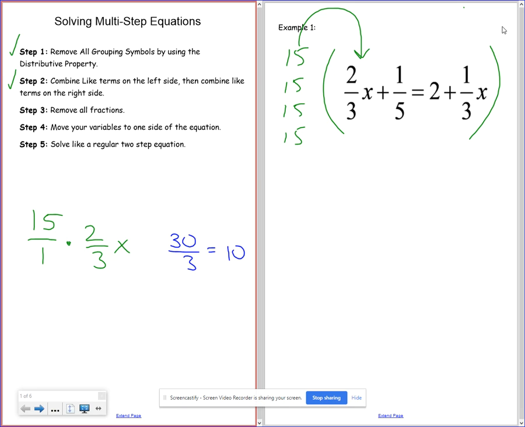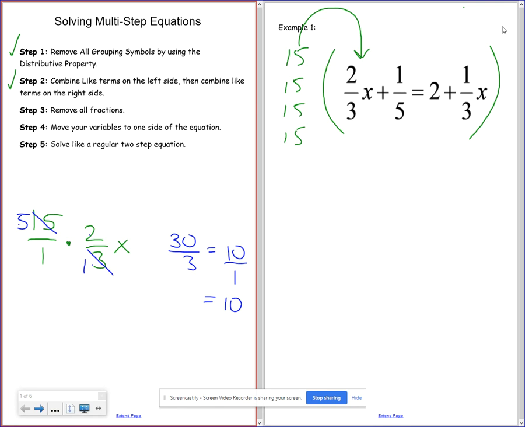Or you can cancel. Right here, this 3 can go into 15 5 times. So then we got 5 times 2, which is 10. And on the bottom, 1 times 1 is 1. So we have 10 over 1, which is just 10. This is the way I prefer to do it.